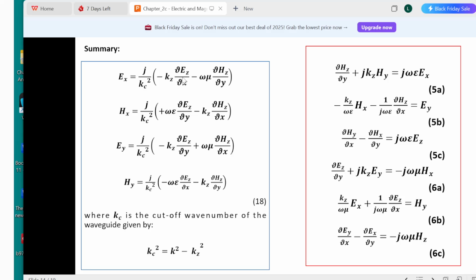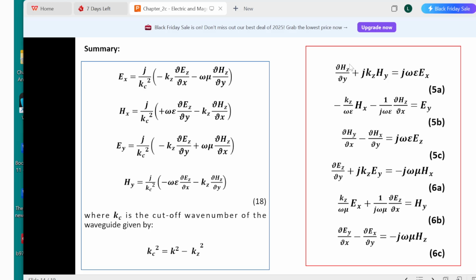So if you substitute E of z being 0 and H of z equal to 0 into this set of equations, you will end up with nothing. So this set of equations is not intended for TEM modes, transverse electromagnetic waves. So what about this set, the original set? Yes, the answer is yes.